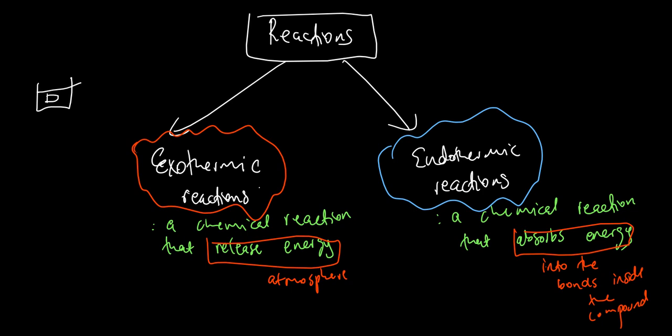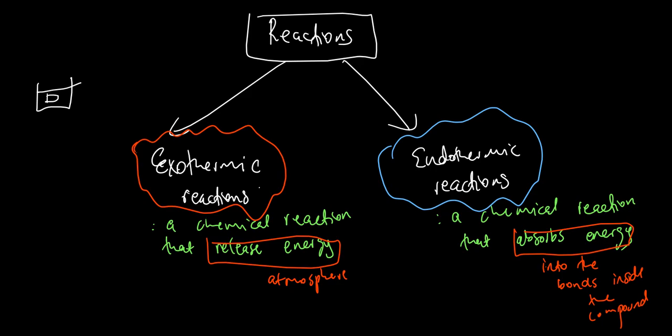So that is why we say endothermic reactions feel cold, because they are taking energy away from the atmosphere, whereas exothermic reactions are releasing energy into the atmosphere. So usually exo would be hot, or rather, the temperature is going to be high. We talk about temperature, we don't really say it's hot.